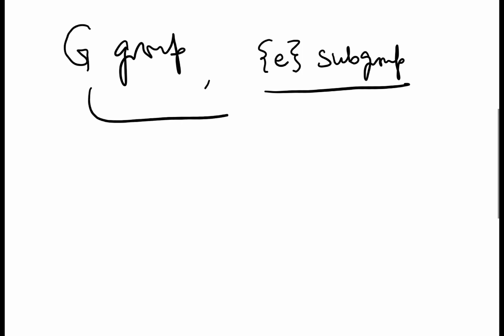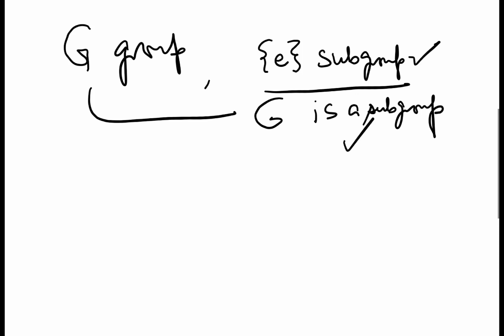And G itself can be considered as a subgroup of itself. So given any group, there are always two subgroups, the identity and G itself, and we call them improper subgroups.